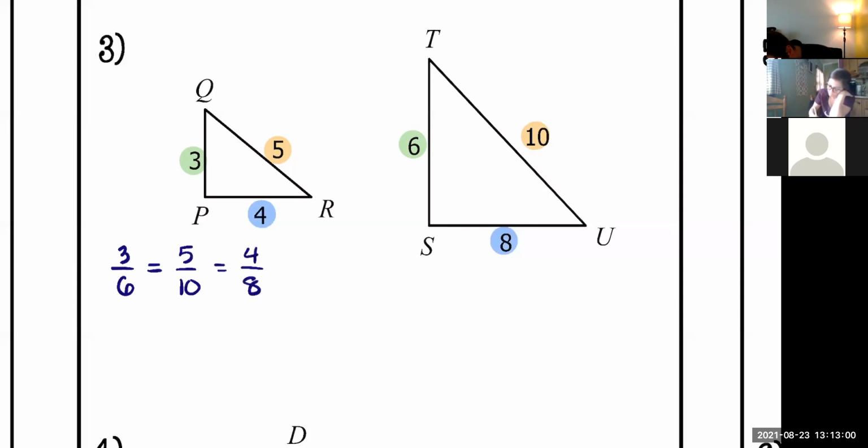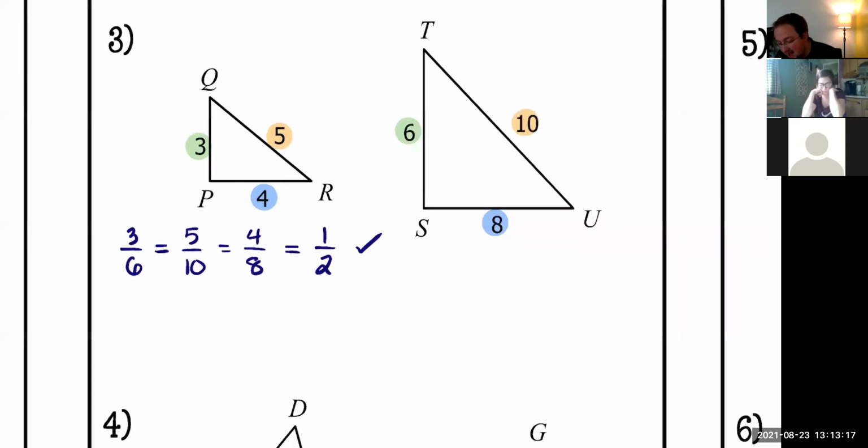What do those all simplify to? 1/2. 1/2. So they're all proportional because they all share the exact same relationship, same ratio of 1/2. So QRP or QPR, or however you want to name it, is half the size of TSU.